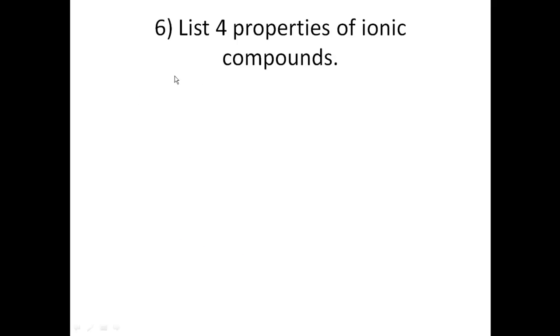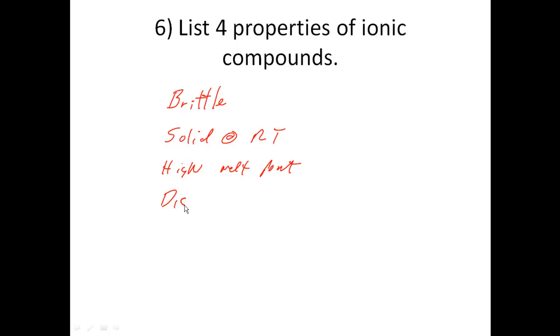All right, properties of ionic compounds. Well, one, we said they're brittle. We said they were solid at room temperature. We said that they had very high melting points. We said that they dissolved in water. Most of them. Not all, but most of them dissolve in water.